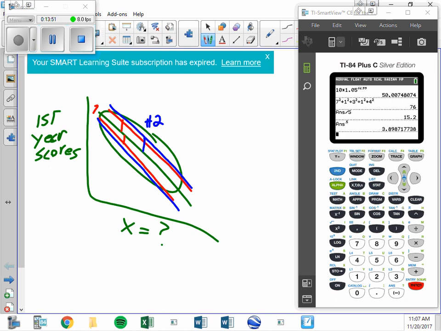Does that make sense? So the first one has an RMS error of 7, which means 68% of the people will be within 7, up or down. And the other one has a 12. So the second method is less reliable than the first method. Yeah. So the R value for the first one will be larger than the R value of the second one.